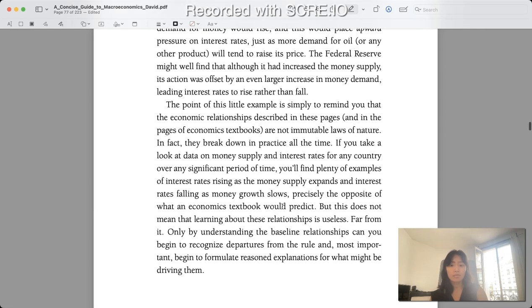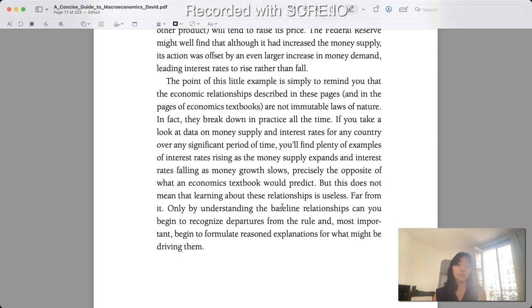The point of this little example is simply to remind you that the economic relationships described in these pages and in the pages of economic textbooks are not immutable laws of nature. In fact, they break down in practice all the time.